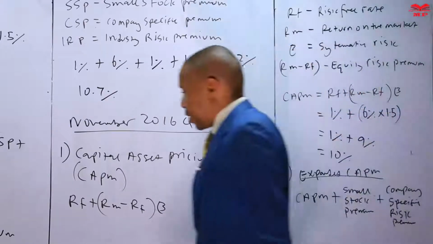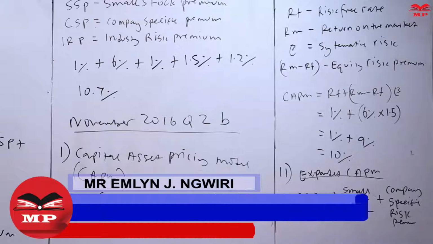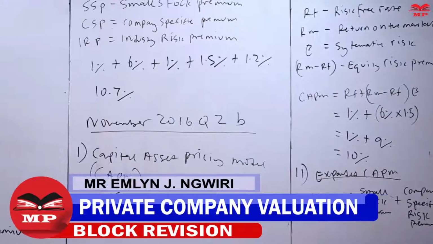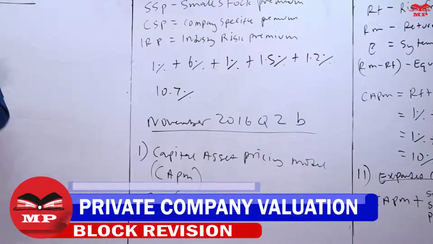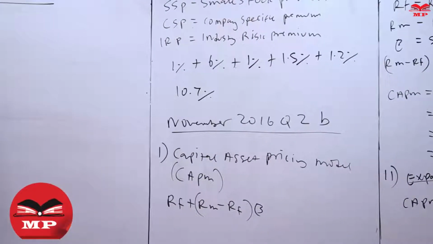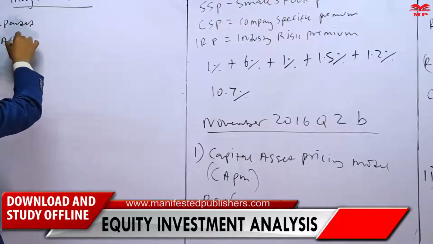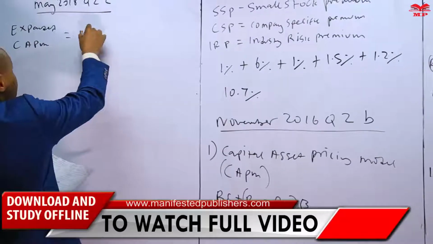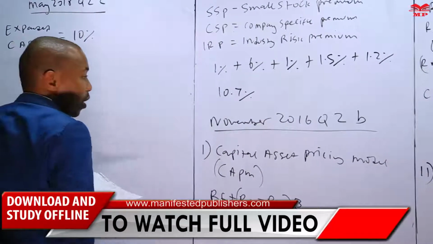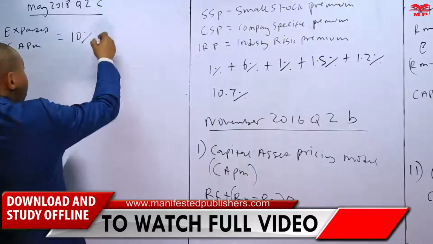Moving over on this side, we have it as follows. So we see expanded CAPM is equal to how much? We have the 10%, which we calculated over there. And the small stock premium is how much?